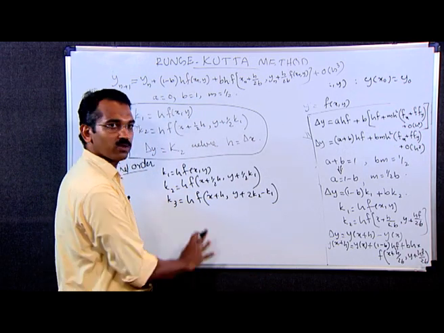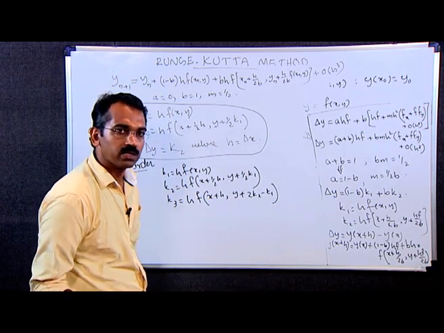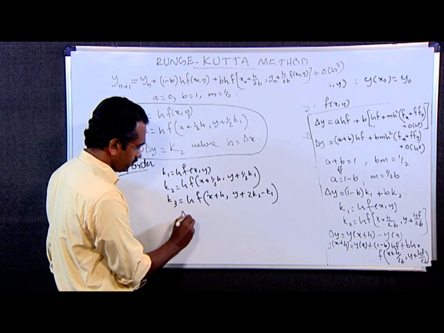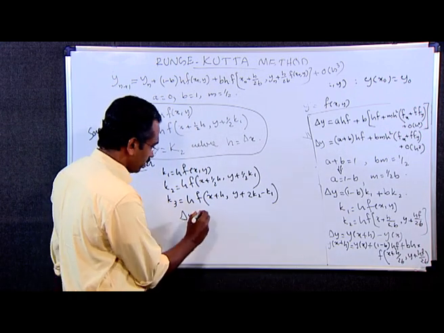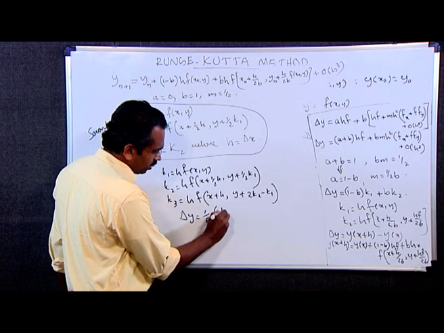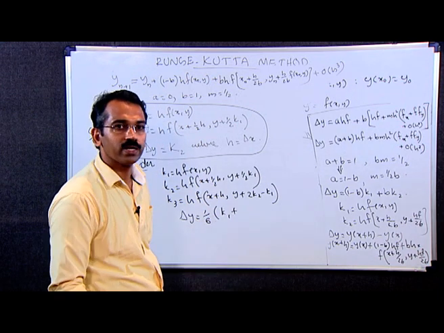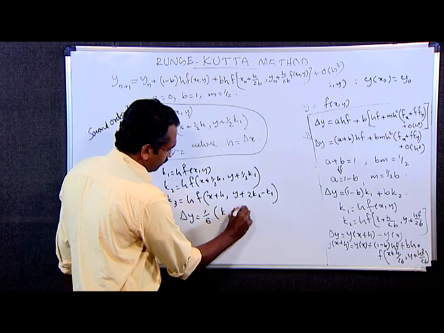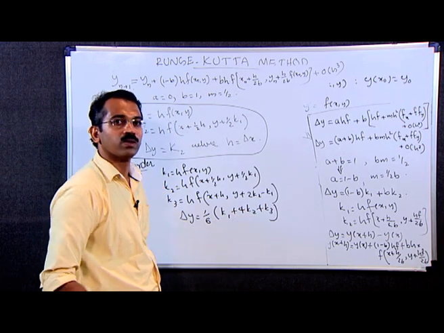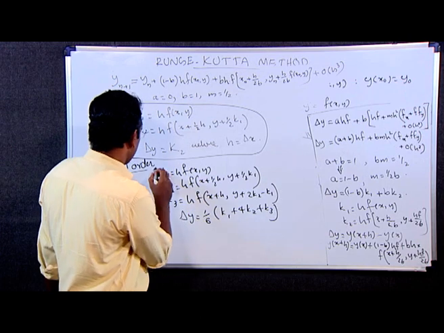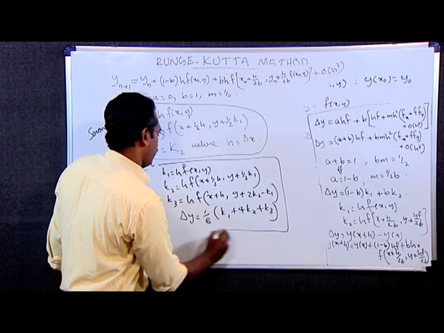This is the expression for K3, and delta y is equal to 1 by 6 into K1 plus 4 K2 plus K3. This is the third order Runge-Kutta algorithm.